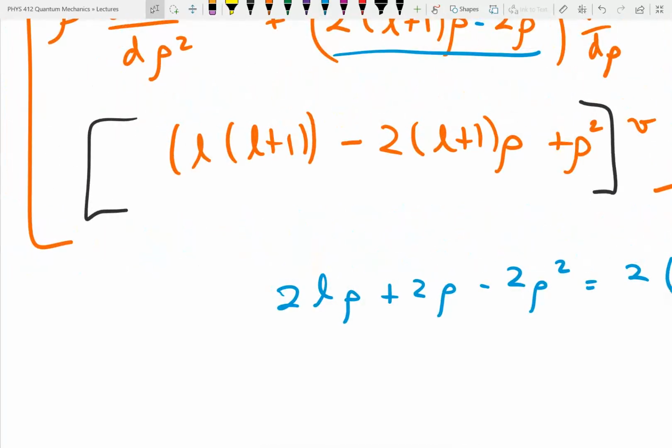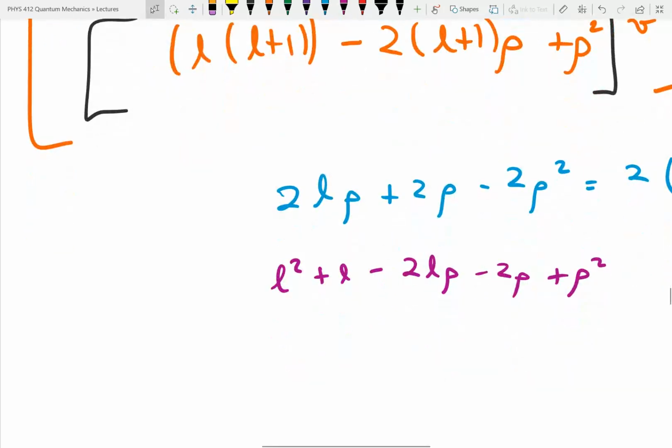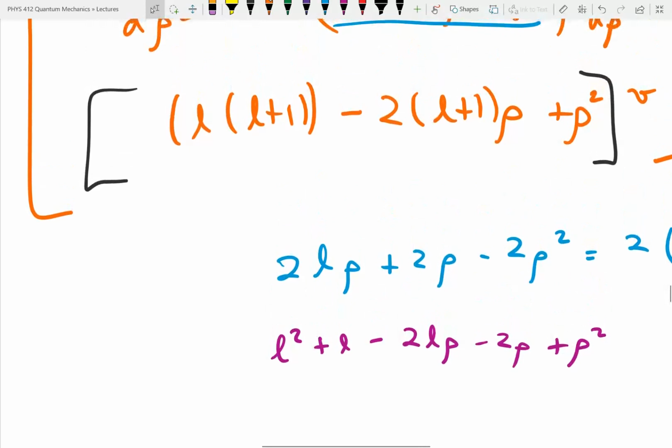And then the lower one, expanding it out. And, boy, actually, they didn't do it all the way out.